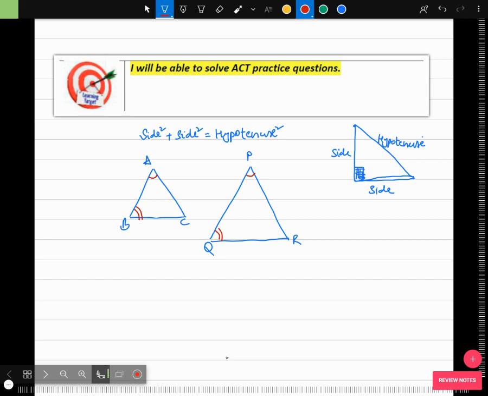If these triangles are similar, then the corresponding sides, here AB's corresponding side is PQ.